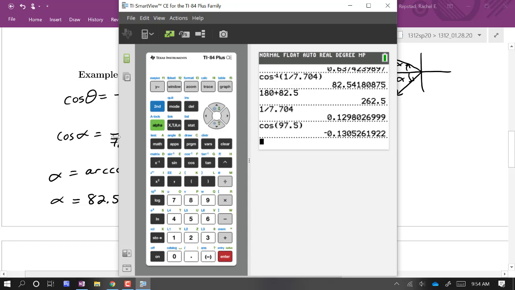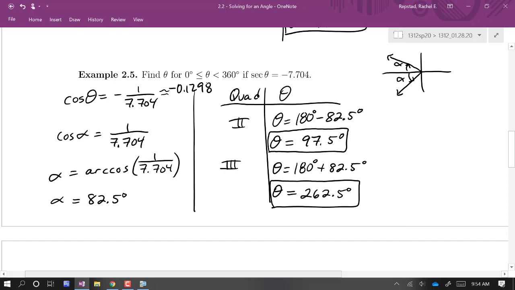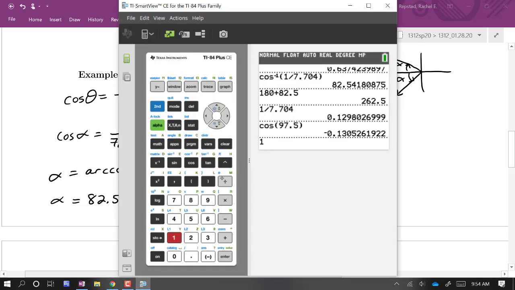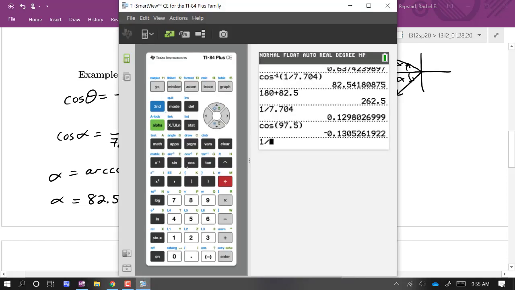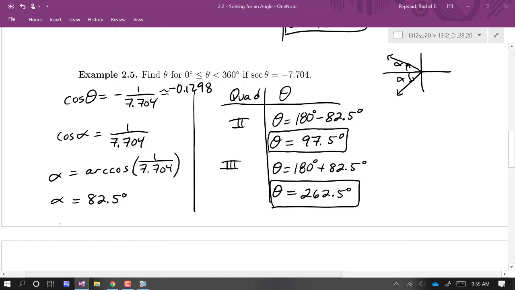That's a little bit far off. Maybe I shouldn't have. Oh, you know what? I have a better way to check. I kind of approximated a bunch there. I'm going to do 1 over cosine of 97.5. And there's negative 7.661. Why do I feel like we're off? Negative 7.704.